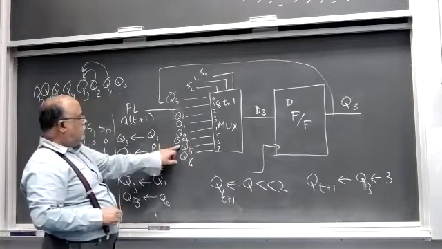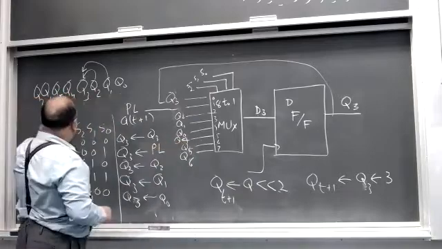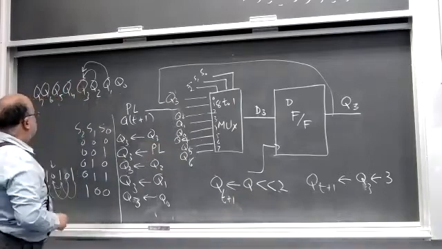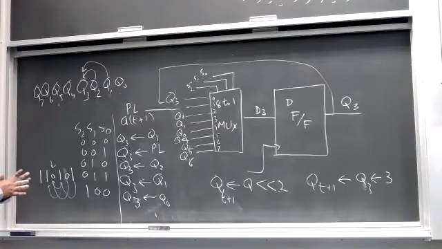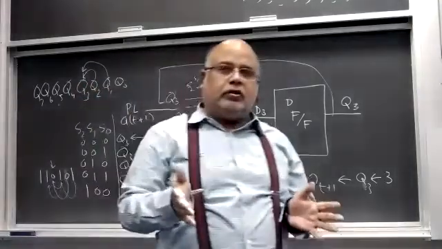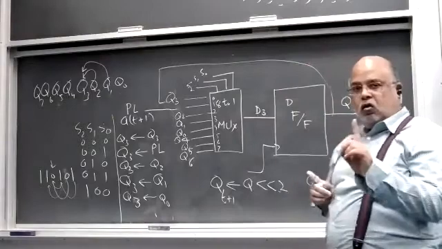So here Q4 will become equal to Q3. Here Q5 will become equal to Q3. Here Q6 will become equal to Q3. So I can do both shift left and shift right 1 times, 2 times, and 3 times, both directions. Shift left and shift right 3 times in one clock cycle.